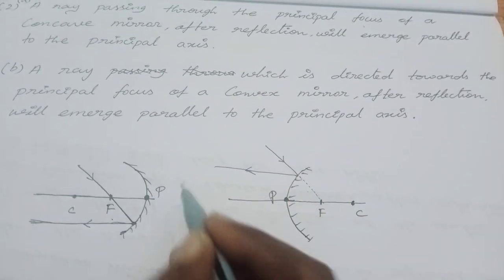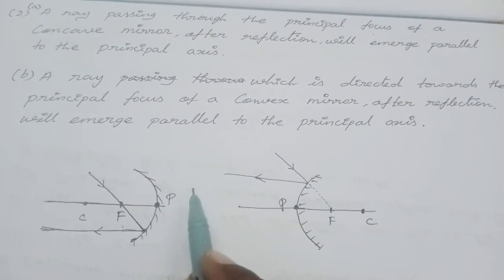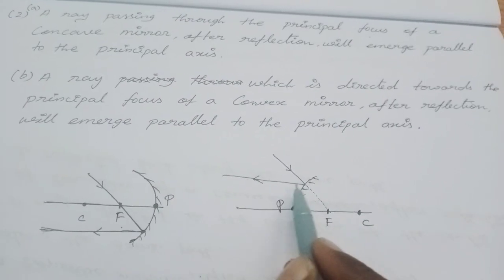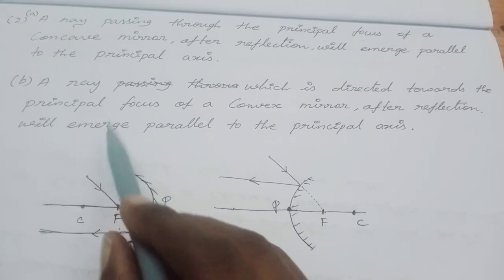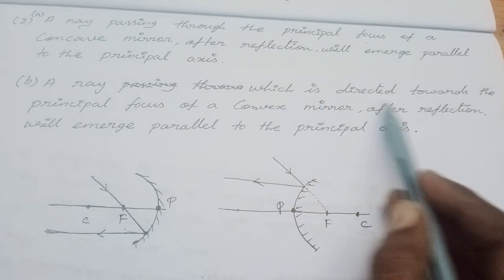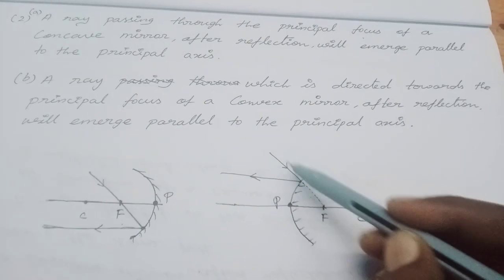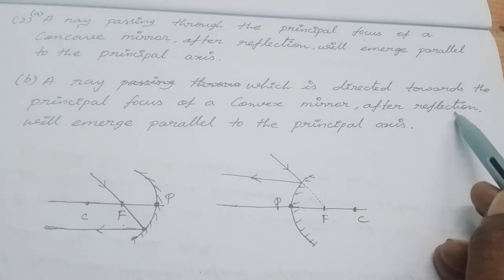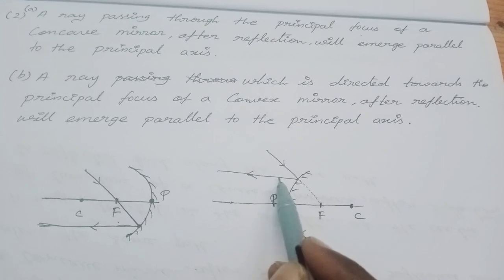So this is the reflected ray. This is the incident ray and this is the reflected ray. See the statement: the ray which is directed towards the principal focus of a convex mirror, after reflection will emerge parallel to the principal axis.